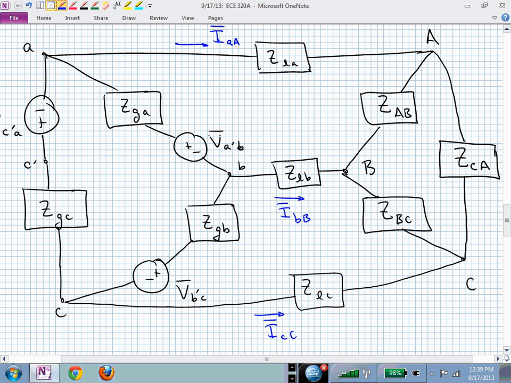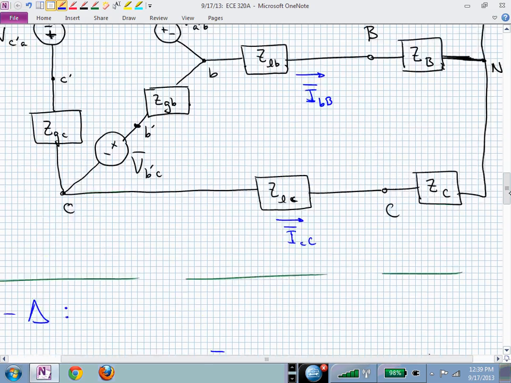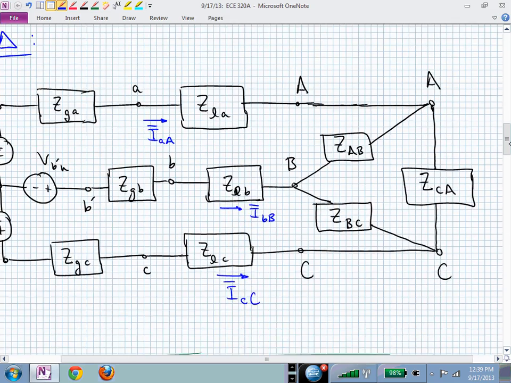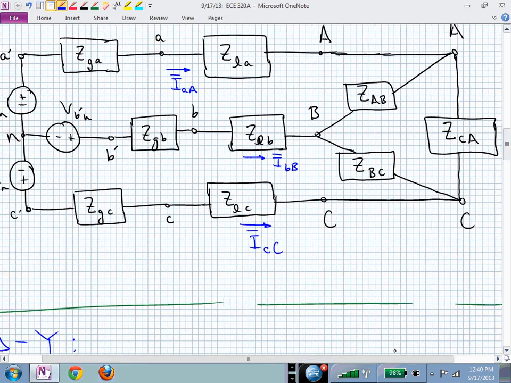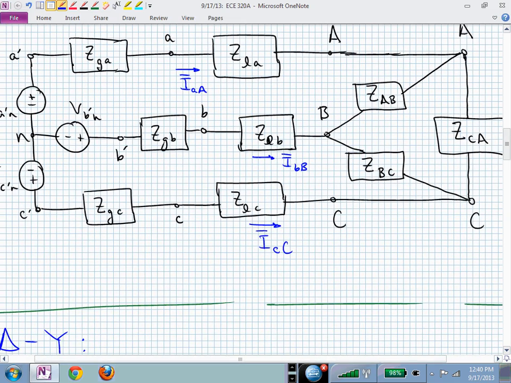Now it would be nice, and this is where we're headed, if somebody started with a Y-Delta configuration, to just transform that delta set of impedances into a Y configuration, and then we have a YY configuration. You see how that could happen?